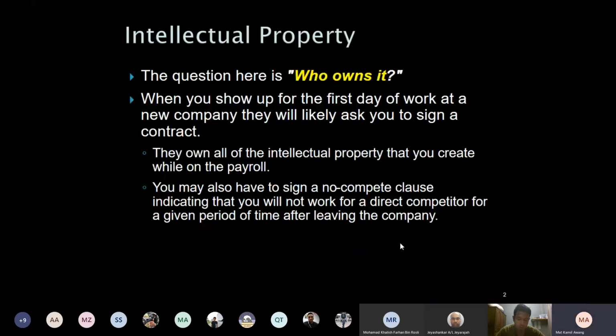And if you don't list that in the form that they have prepared, then they can say that, okay, this person has not declared.